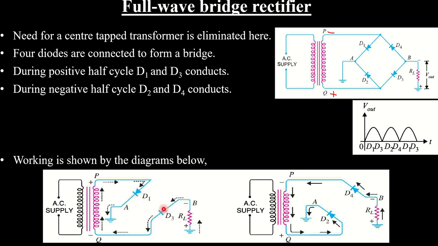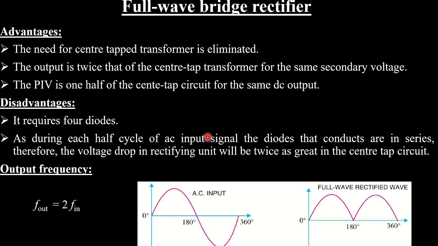So D1 and D3 are in series, so there is an RF for D1 and an RF for D3. So we have to add two RF, and the total voltage drop will be I into 2 RF, dropped across D1 and D3 since they are in series. So there is a little loss in this full wave bridge rectifier.